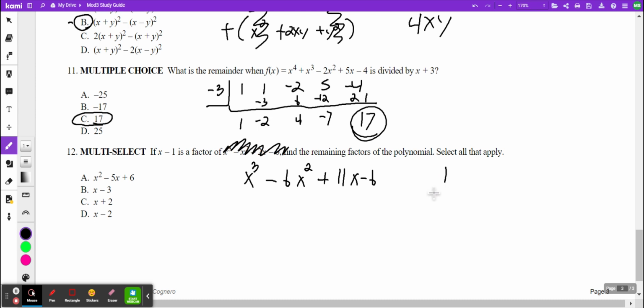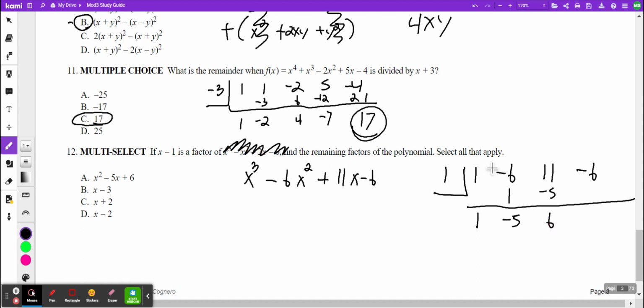So I know I need 1. I'm going to get the cubed, the squared, the x by itself, and negative 6. So I bring down the 1, 1 times 1, I'm going to get negative 5 times 1, I get 6 times 1, and I have 0.